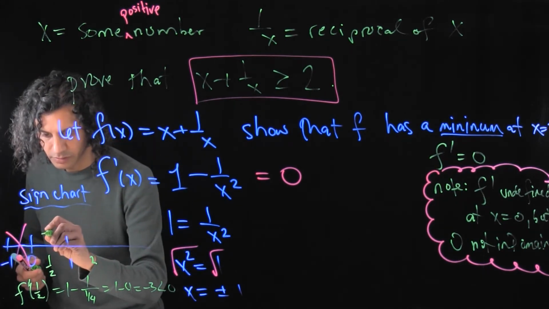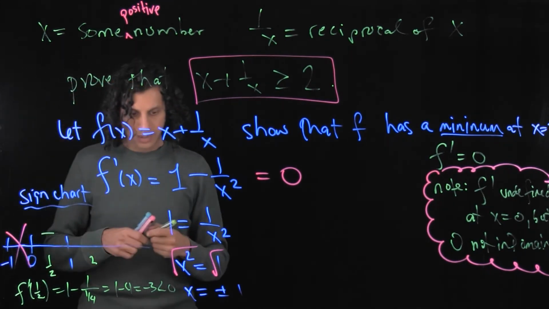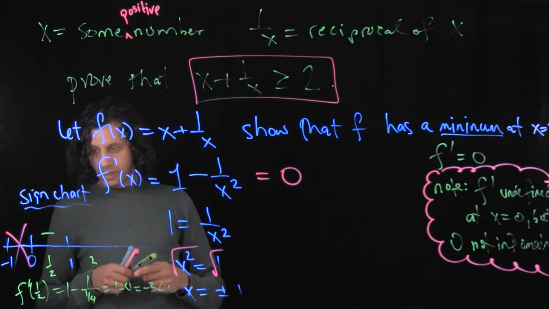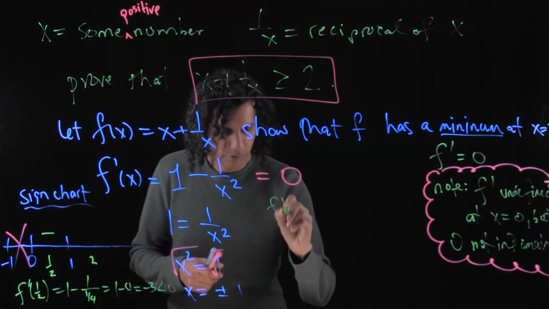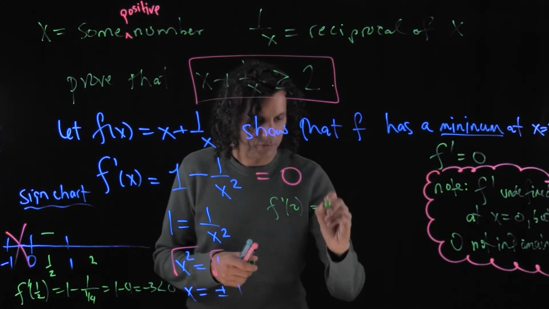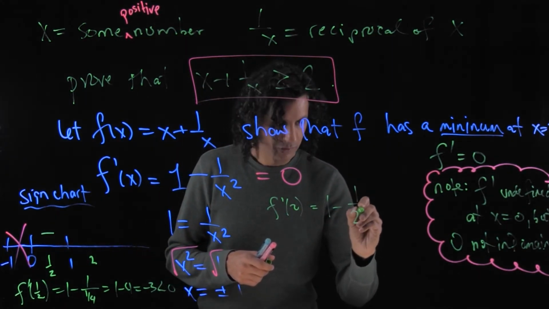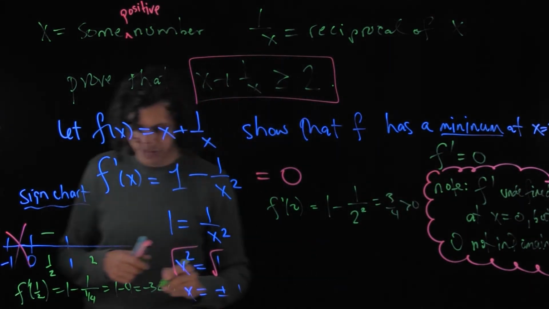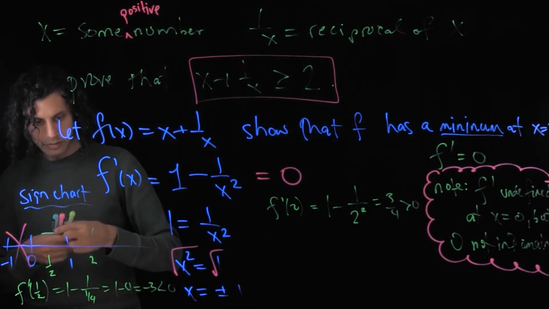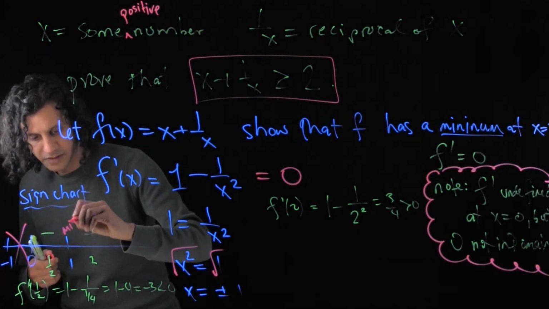So our function is decreasing there. We're running a little bit out of room, so let's continue over here. We plug 2 into our derivative, and this gives us 1 minus 1 over 2 squared, which is 3/4, and that is indeed positive. So, bingo, exactly what we want. We see that this is a minimum.